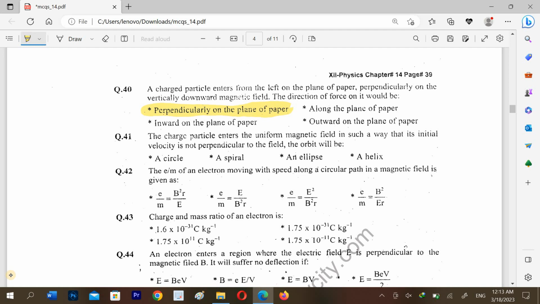If the charged particle enters the uniform magnetic field in such a way that its initial velocity is not perpendicular to the field, the orbit will be a circle.